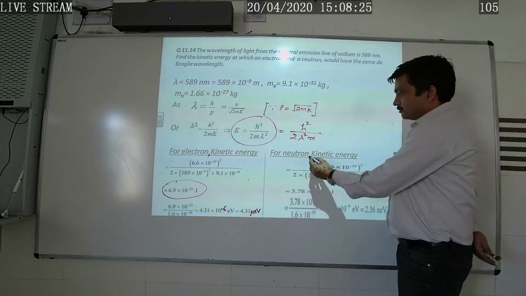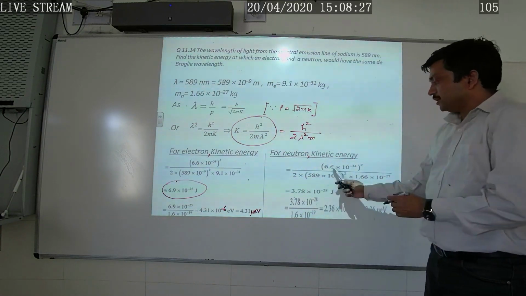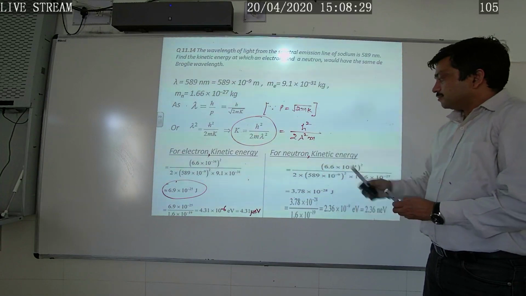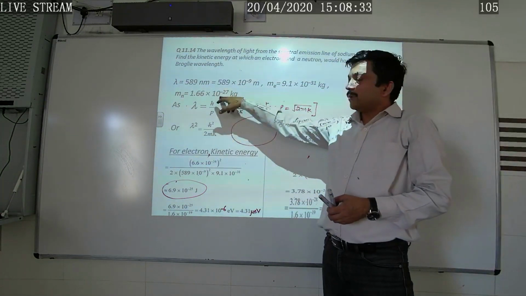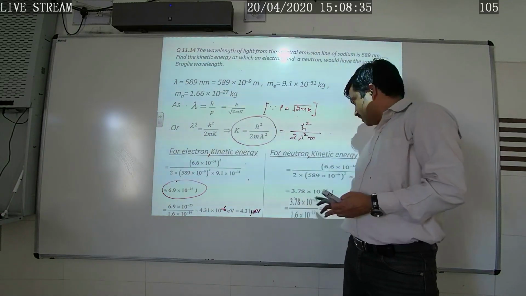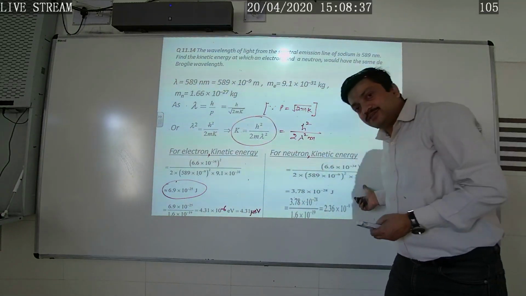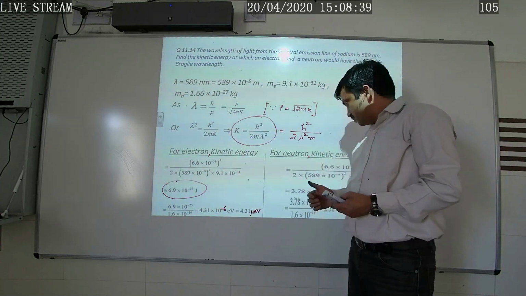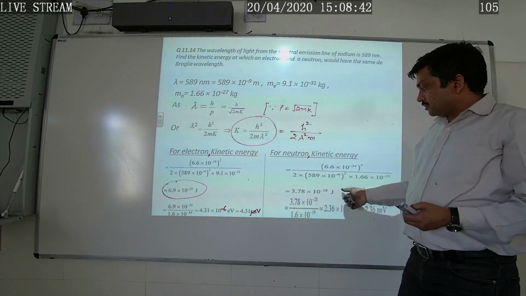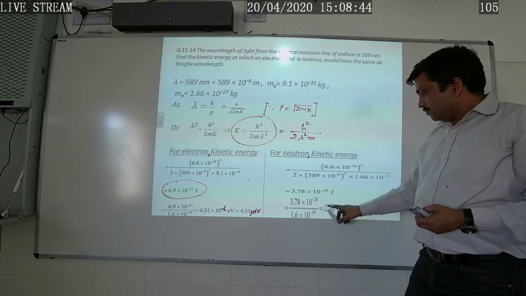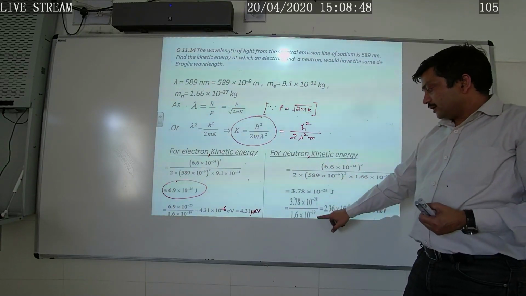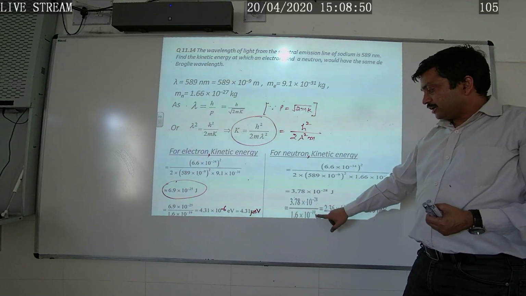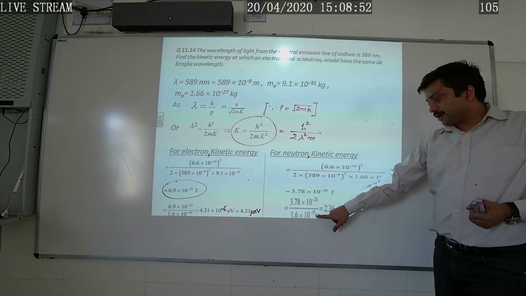Now for the neutron, again we use the same formula, but the difference is that here we have to use the mass of the neutron, which is 1.66 into 10 to the power minus 27 kilogram. After calculating it, we got the value in joule, and in order to convert it into electron volt, again we divide by 1.6 into 10 to the power minus 19.